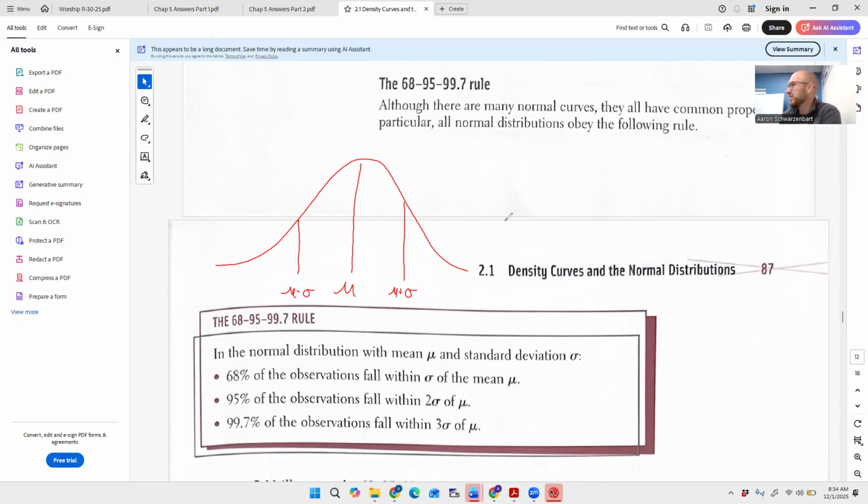So if our mean was 50 and our standard deviation is 10, mu plus sigma is then 60. For this example, I'm going to do Example 1. Mu equals 50. I'm going to use really easy numbers. Sigma equals 10.